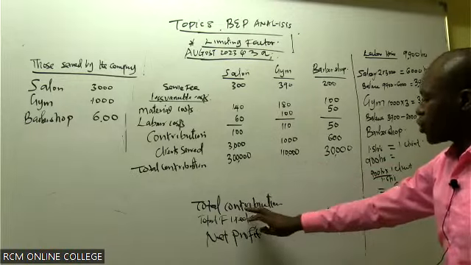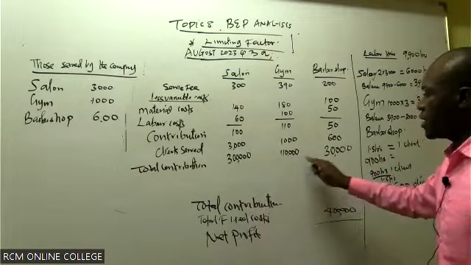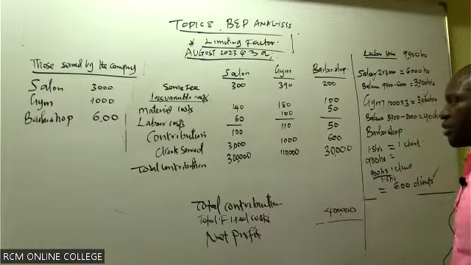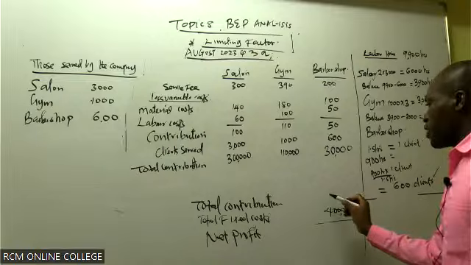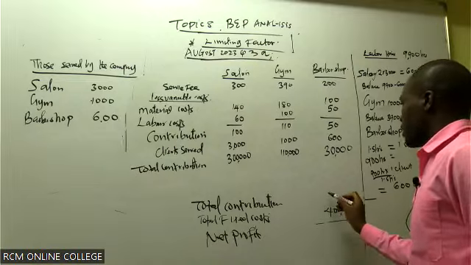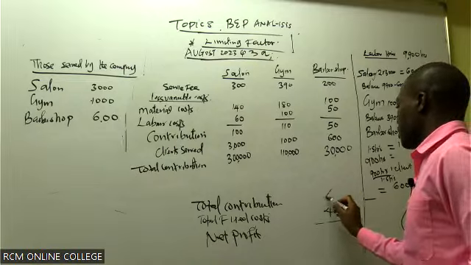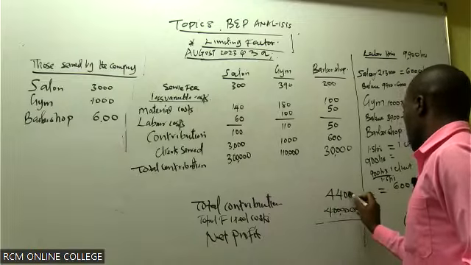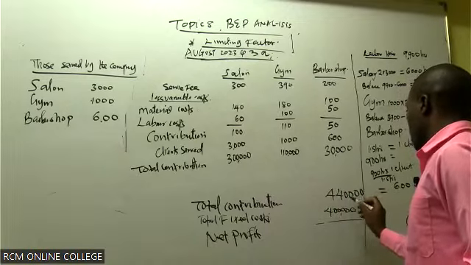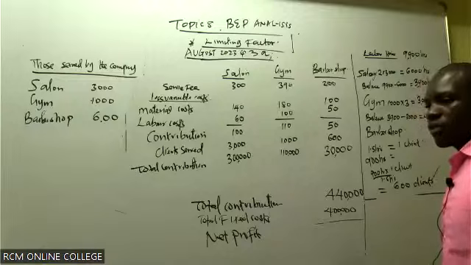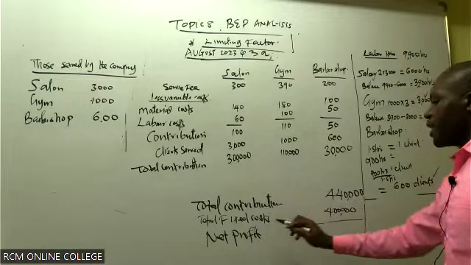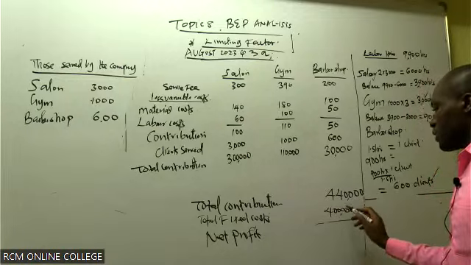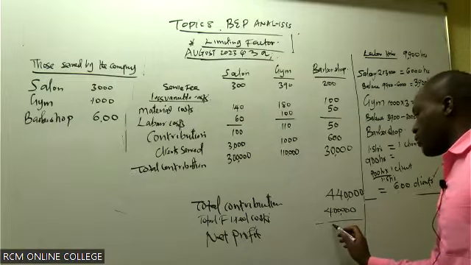So what is our total contribution? This plus this plus this. How much will it be? 440,000? If you add all the contributions, 440,000 less total fixed cost, which is 400,000. How much net profit will we have?